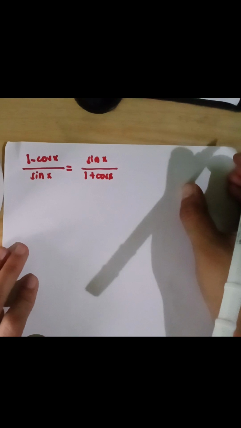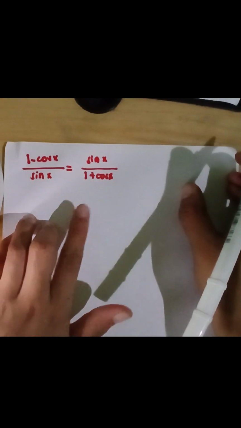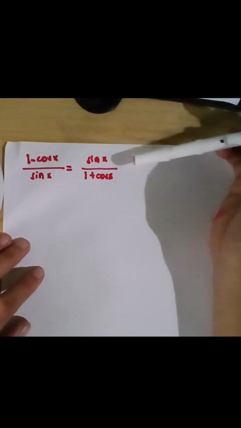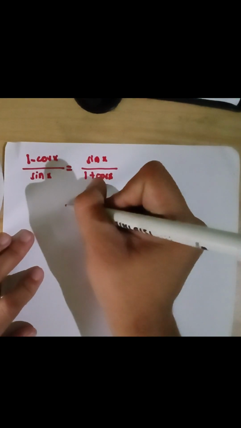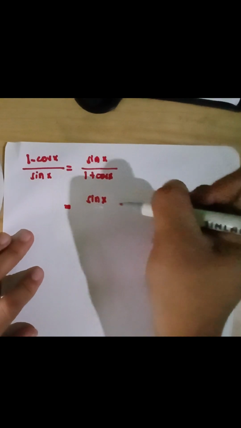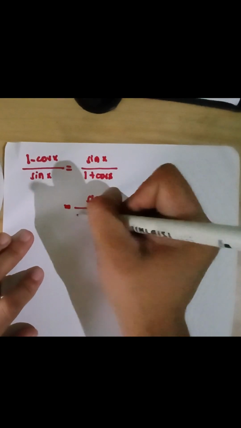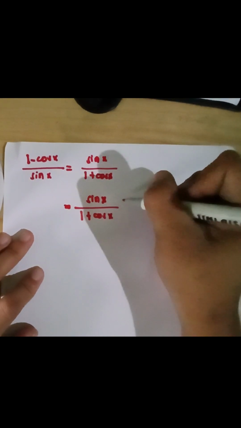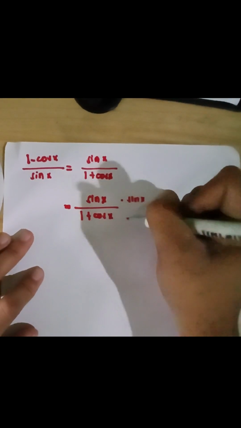So, step 1 we're going to do is, since multiplying the numerator and denominator by the same values does not change the expression, we multiply both sides by sine x. So we have here sine x over 1 plus cosine x times sine x, also sine x.